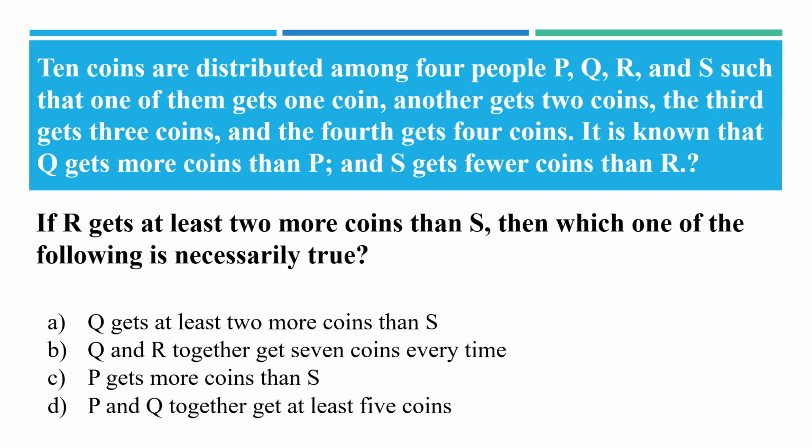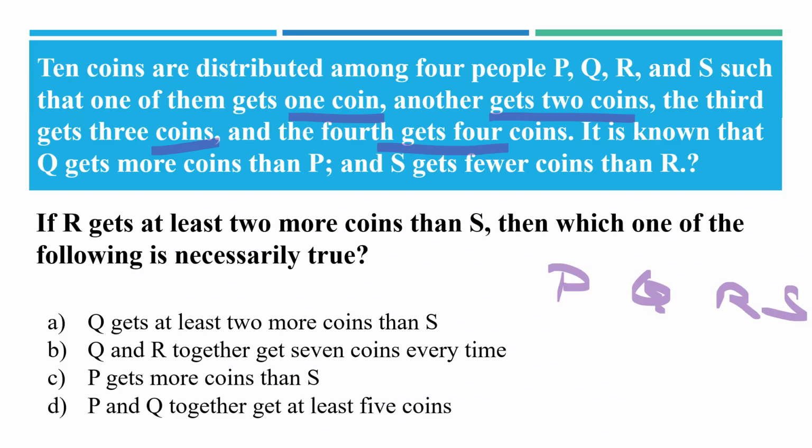10 coins are distributed among 4 people, P, Q, R, S, such that one of them gets 1 coin, another gets 2 coins, the third gets 3 coins, the fourth gets 4 coins.